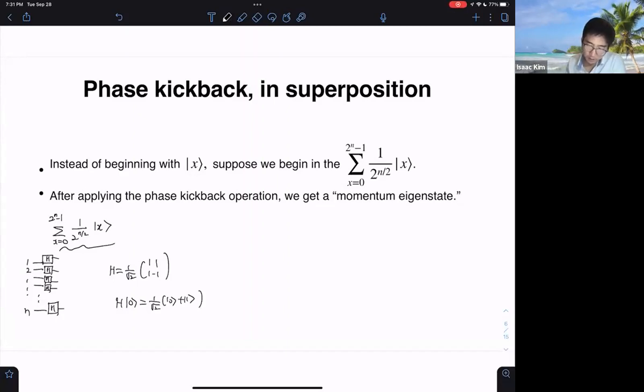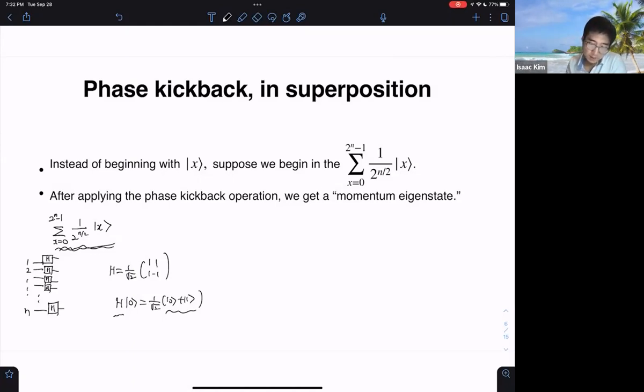So it gives you an equal superposition over the 2 bits. And this is an equal superposition over all possible numbers of n bits. So that can be generated by simply applying H to all the qubits. So this is an extremely easy operation.